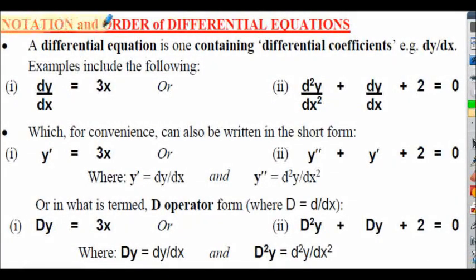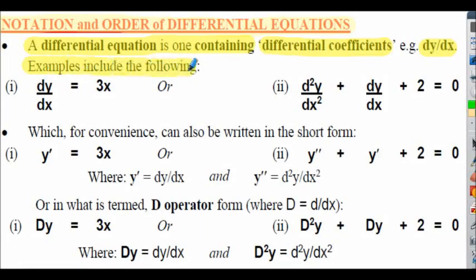Let's consider notation and order of differential equations. A differential equation is one containing differential coefficients, for example dy by dx. Examples include the following. Item 1 here, dy by dx is equal to 3x.